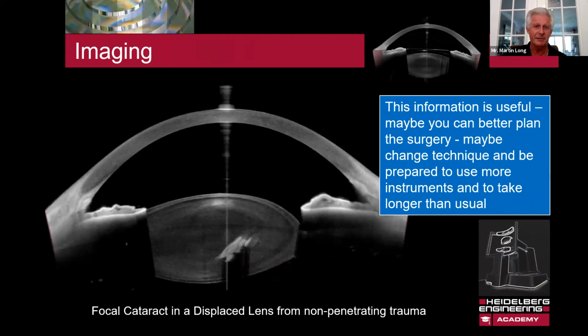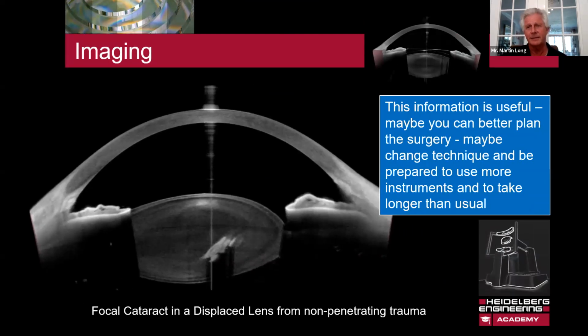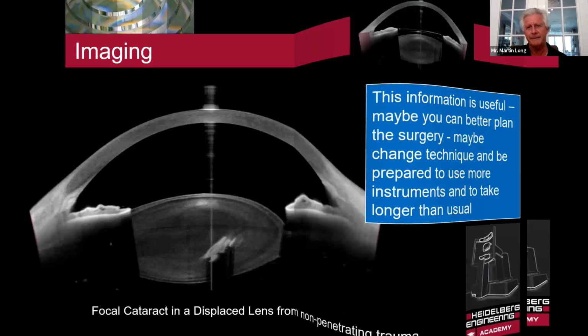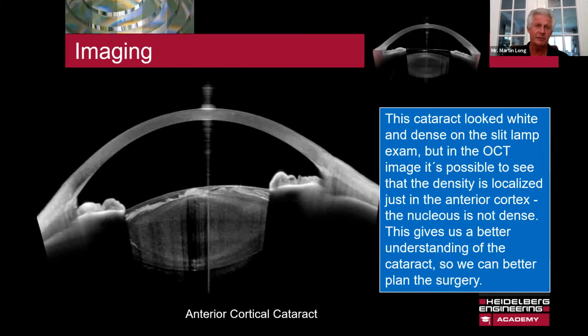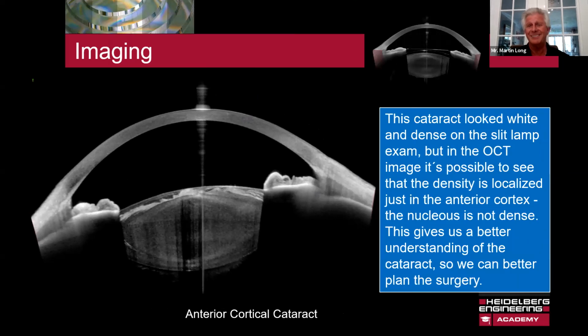So in this case, with this focal cataract, maybe you want to take a little bit longer than usual to deal with that. And in this case, on slit lamp, it looked as though it was the anterior cortical cataract that we didn't see on the slit lamp, and it wasn't dense. So maybe again, understanding that, we can better plan our surgery.